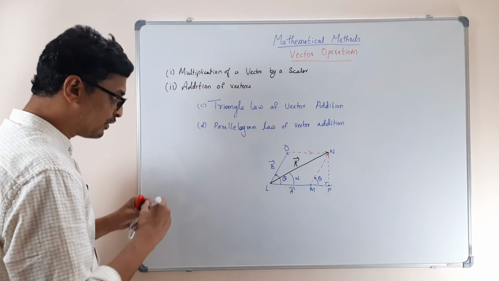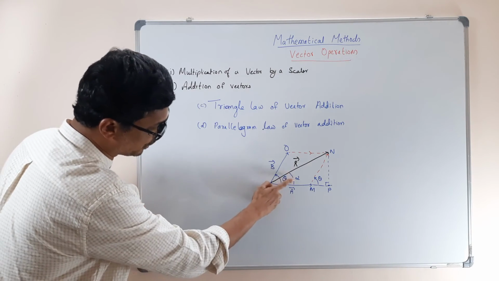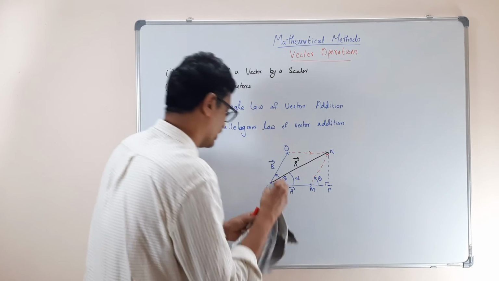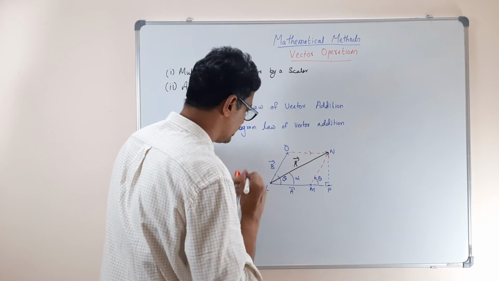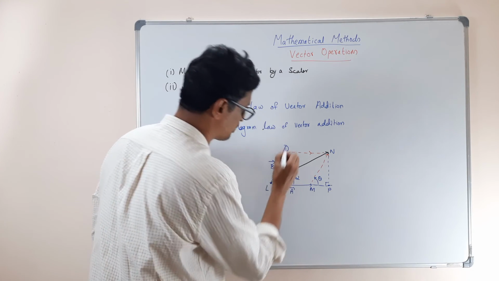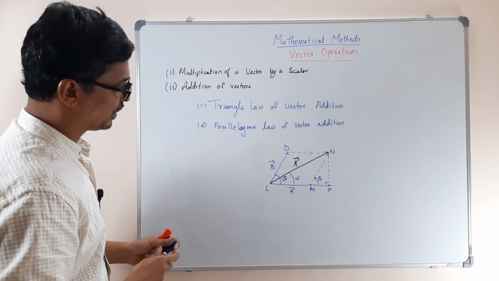To get the angle of the resultant vector, this is the angle we want. I shouldn't put an arrow here, so don't confuse it with an arrow. It's just an angle we are doing. The direction is already decided by the vector itself, so we shouldn't have the arrow there.